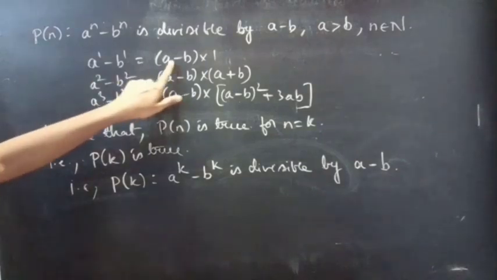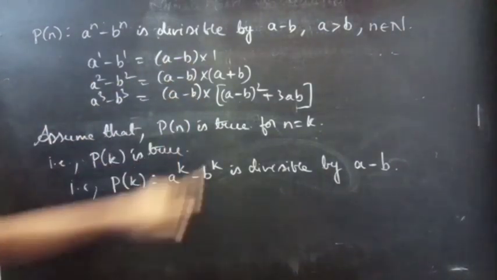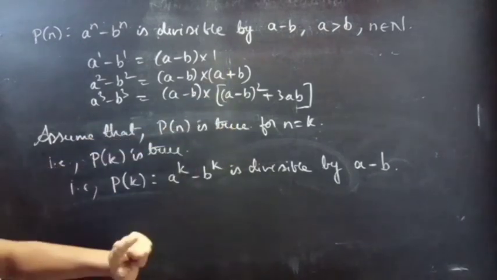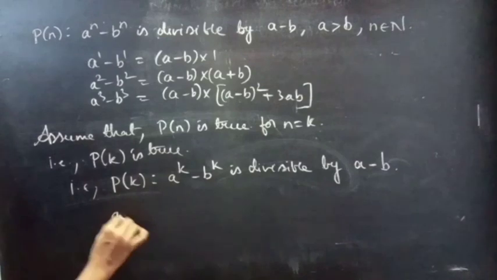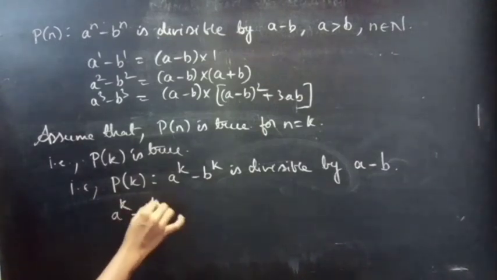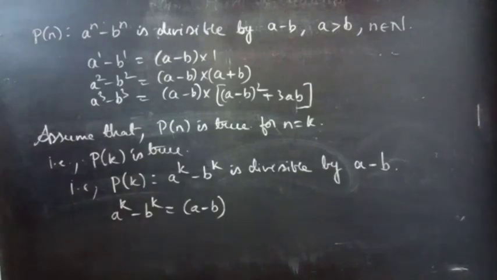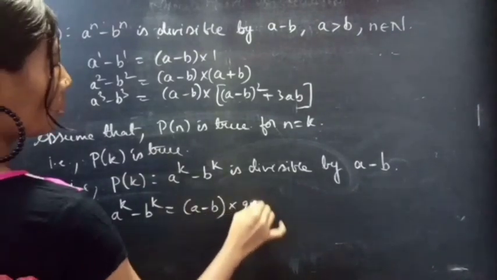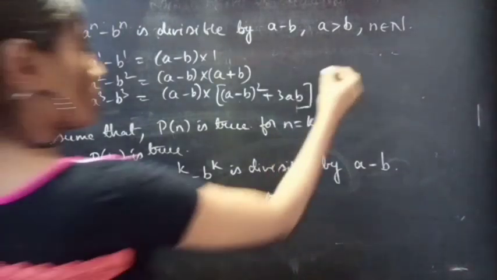See, every time we got a multiple of a − b, right, with quotients. Likewise, for P(k), we'll get aᵏ − bᵏ equals a multiple of a − b with some quotient. Okay.